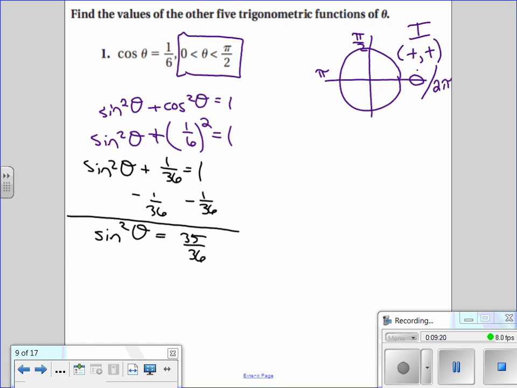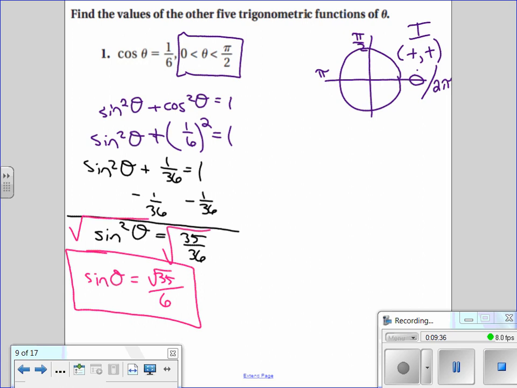Now we're kind of lucky because the 36 is a perfect square. 35 is not a perfect square, so I'm just going to leave it as radical 35 over 6. And it is positive because it lives in quadrant 1, so we don't have to worry about it being negative. But that completes our sine. So we're completed with cosine, and we're completed with sine. We just need to do the other ones, the reciprocal ones, and the tangent one.